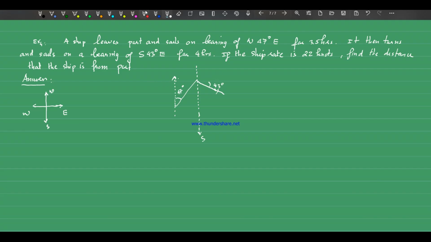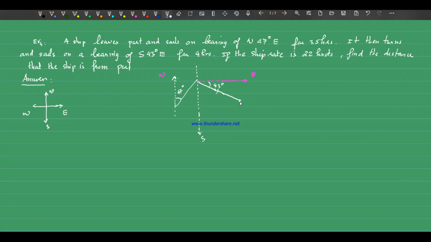Because this is east. It's not south. And over here, 4 hours. 3.5 hours, 4 hours. Well, you can make it a little bit longer if you want to. It's not a big problem. Find the distance that the ship is from the port.